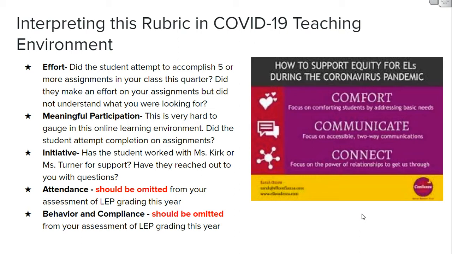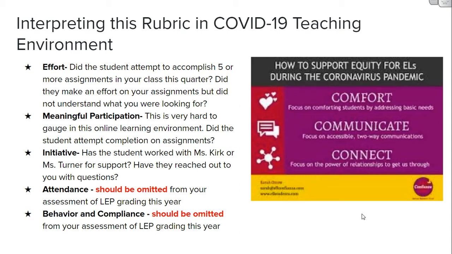And then the section on initiative. This could be a complementary thing because the students who are emergent, I have almost all of them in my EL cohort this year in person, and then Danielle has a few in her room as well. There are a few students that are online, though, that are emergent right now. So you can ask yourself, has the student worked with Danielle or I for support?